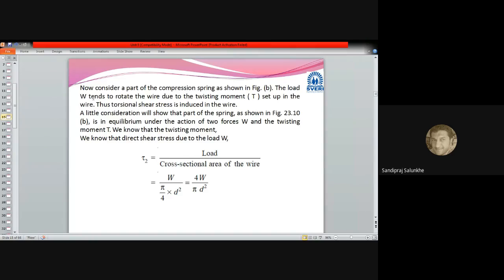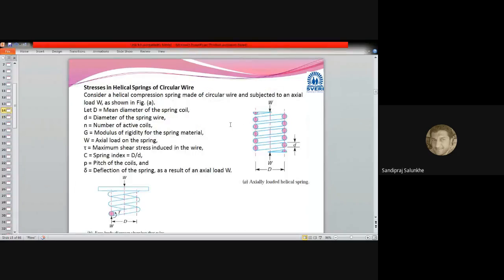The load which is acting, that is W, is tending to rotate that wire. What is going to happen in the spring? This W is trying to rotate that wire, right? It is going to get compressed, which means rotation will take place. And as you know, in case of any rod, if rotational action is taking place, which type of stresses will get induced?